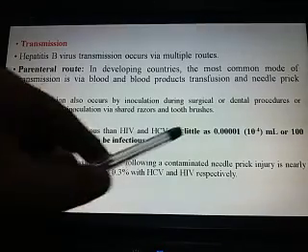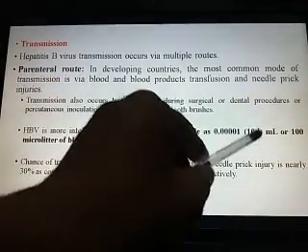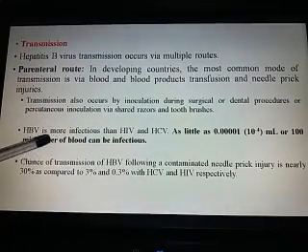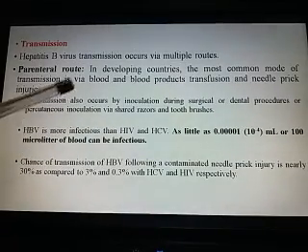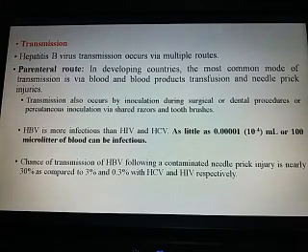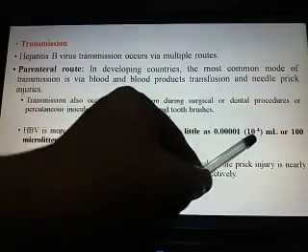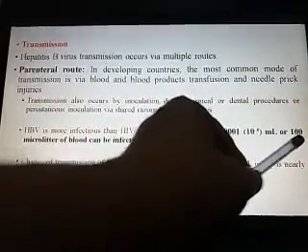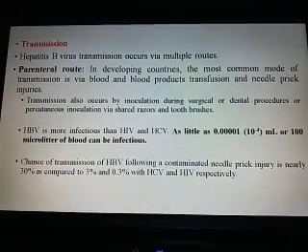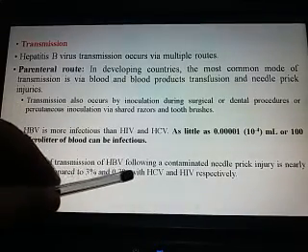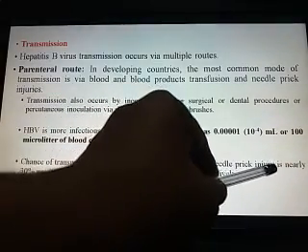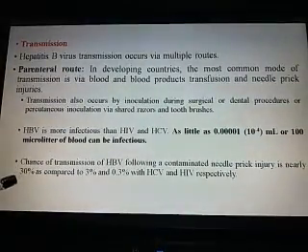A very little amount, that is 10 to the power minus 4 ml of infected blood, can cause a successful infection. You can see 10 to the power minus 4 ml, that means 100 microliters of blood can be infectious. The chance of transmission of hepatitis B virus following a contaminated needle prick injury is nearly 30%.